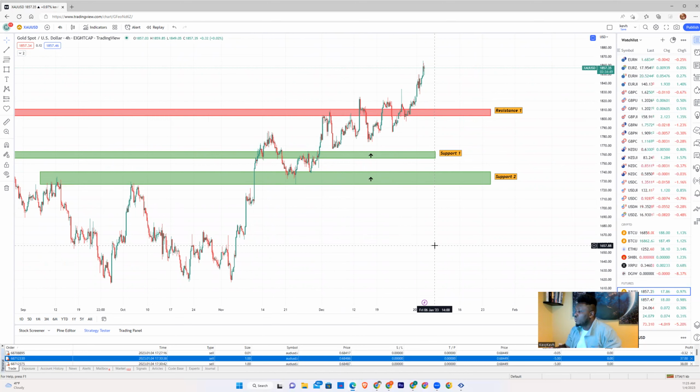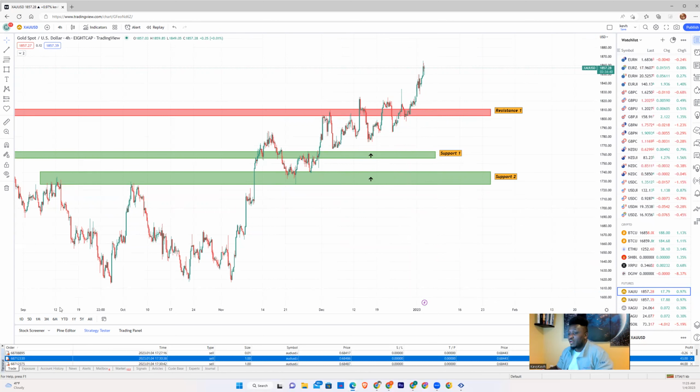When it comes to me looking at the market, I'm not just looking at technical analysis. I also want to pay attention to what's happening with the fundamentals. One thing with gold, and the reason why I have been anticipating gold to keep pushing up, is because of everything that's happening in the news.